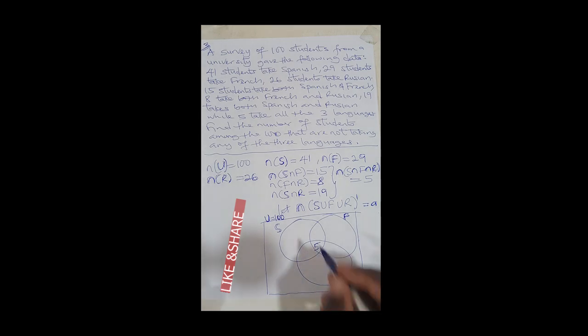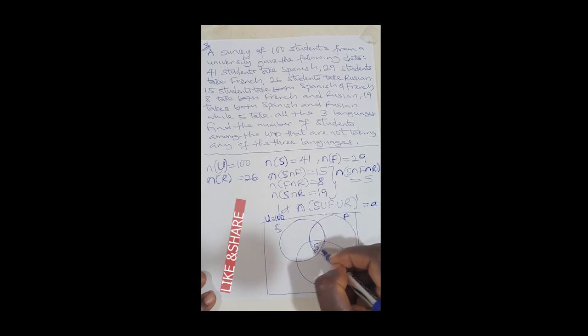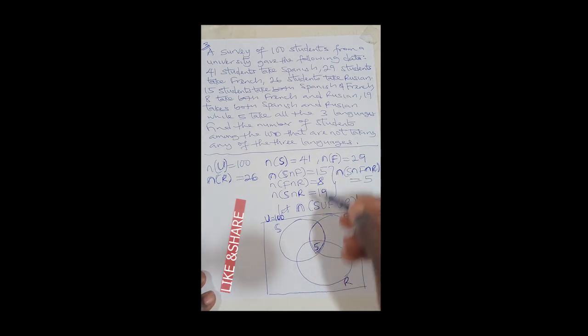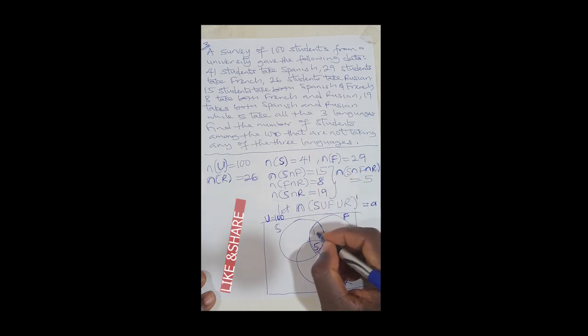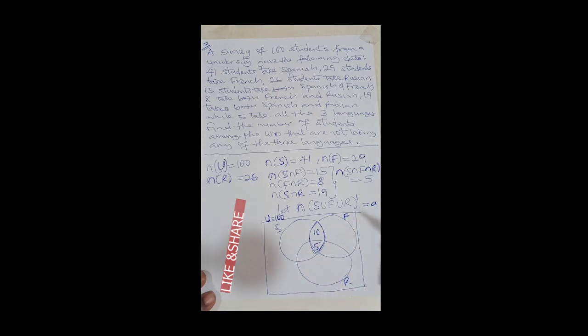We are given the information that Spanish and French is 15. But among those 15, we have 5 that take all, so you are going to remove that 5 from 15. So this place will be 10, and this enclosure here is a total of 15.